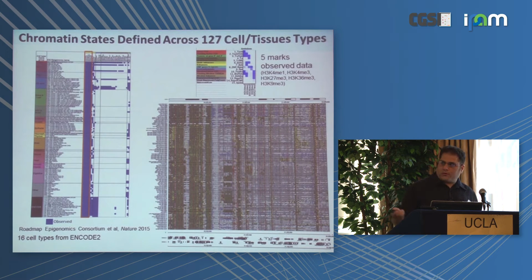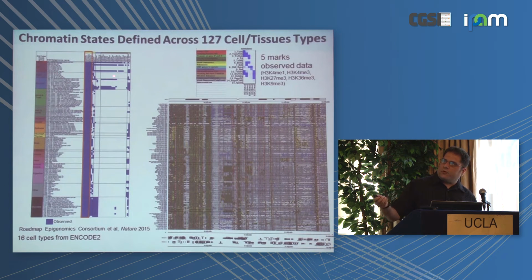I worked as part of the Roadmap Epigenomics Consortium, which took this modeling approach an order of magnitude greater in terms of the depth of the cell and tissue types, and also had a much greater focus on primary cell types as opposed to cell lines. This was showing you 127 reference epigenomes. 111 were mapped by the Roadmap Consortium, and 16 from the ENCODE project, which were processed computationally through the same pipeline as the Roadmap had.